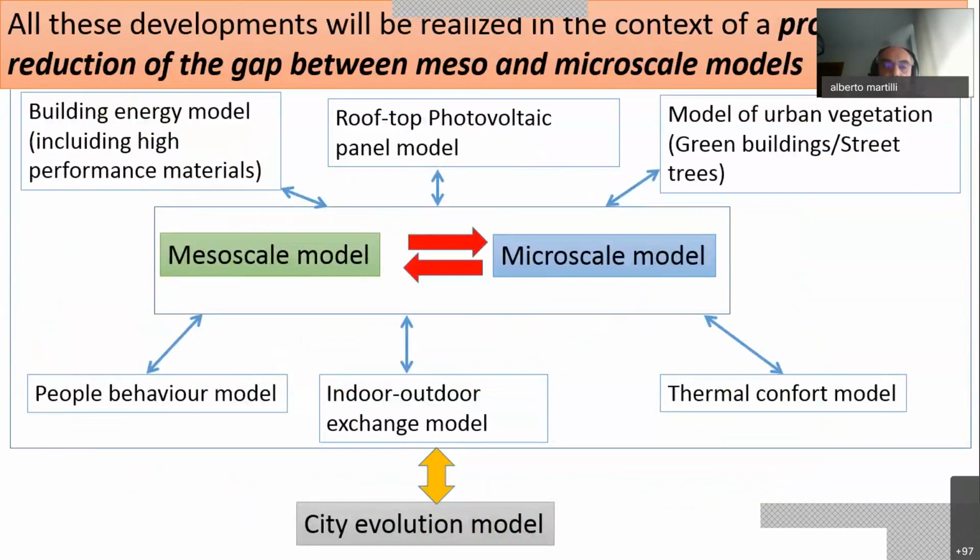And so I think we still need a very substantial increase in computational power before we will be able to run a full city at 1 meter resolution. But I'm pretty sure that in the next decade, we will see more and more models where we will try to link the two scales, the two types of models, no?